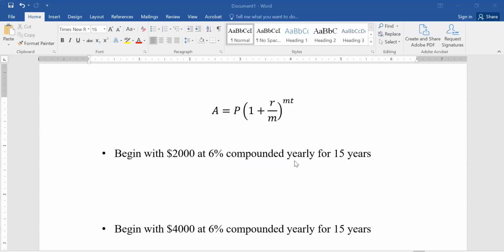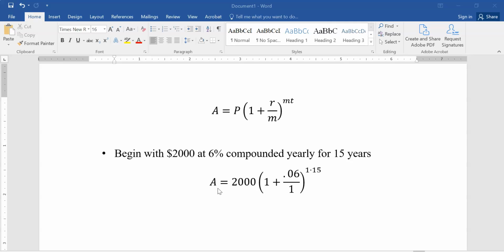Since this is compounded yearly, that means that M is 1 for one compounding period per year. And we're going to leave the investment in for 15 years. So T is going to be 15. So when we put that in the formula, we're going to end up with A equals 2,000, parentheses 1 plus 0.06 divided by 1 in the parentheses to the exponent 1 times 15.